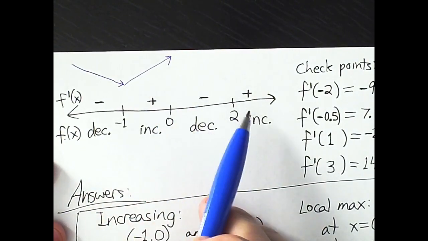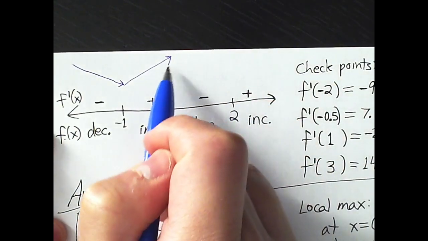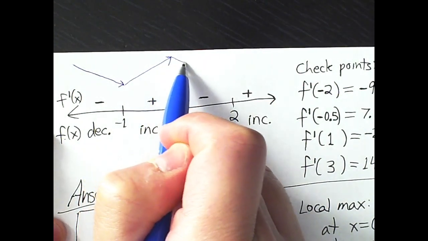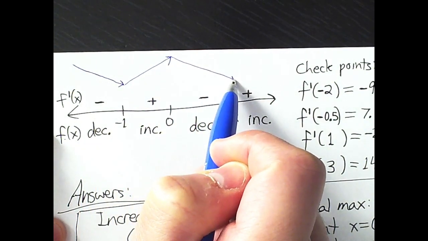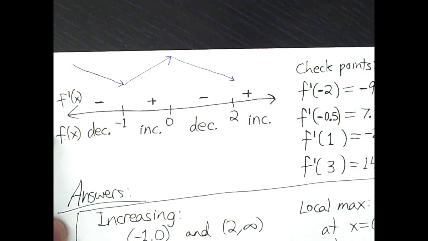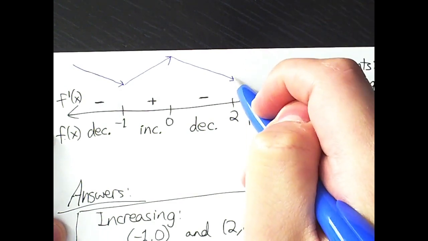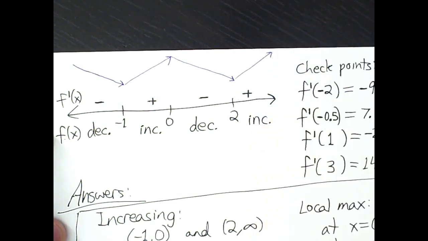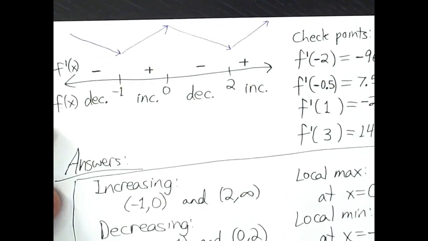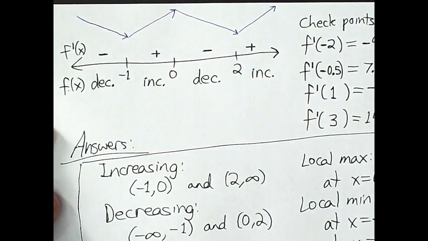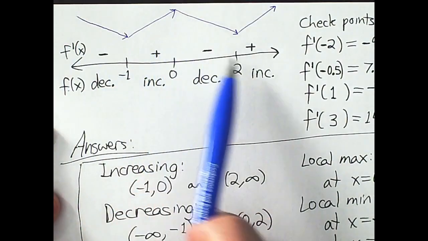When a function is decreasing, it's going downhill again. And then when it's increasing, it's going upward again. So I feel like if we were to graph this function, it would have something like the shape of a letter W.